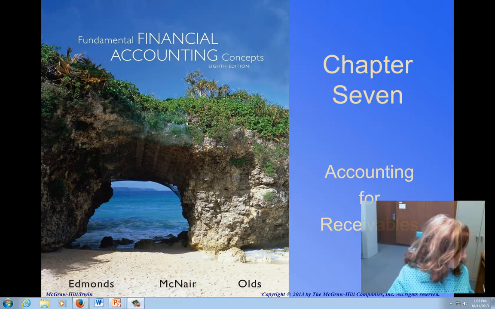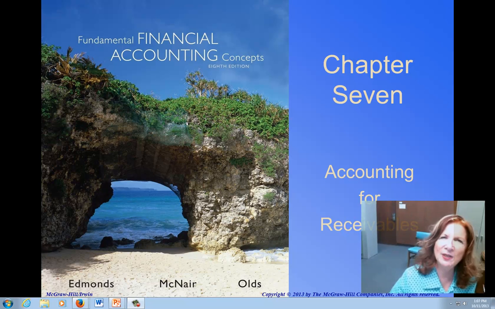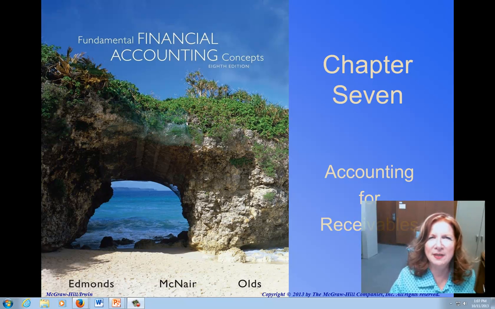The first one, and actually it's one ratio that has two parts, and what we want to know ultimately is how many days do we have money tied up in these accounts receivable? How many days are we waiting for this money to come in? And if we think that the days are too long, it's taking too long to get the money recovered, then we will probably start raising that discount.